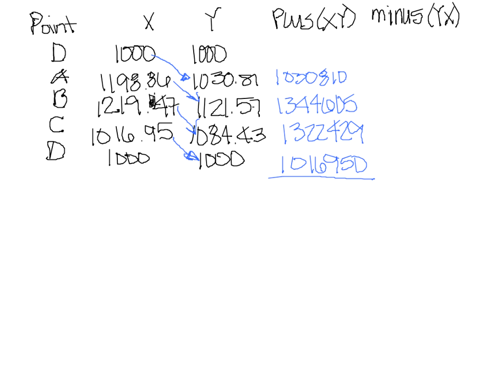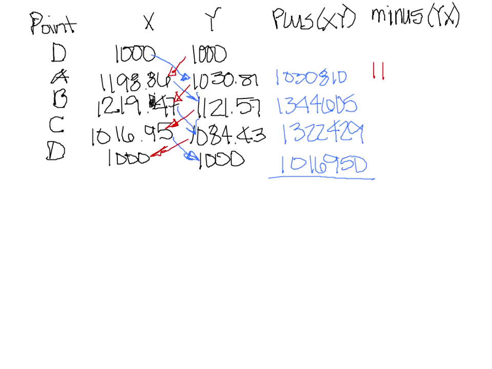Then, I'm going to change the color of the pen here again to red. Then you're going to take 1,000 and multiply it times 1198, 1030 times 1219, 1121 times 1016, and the 1084 times 1,000. And you can record those over here.